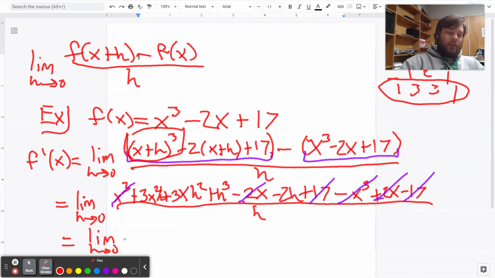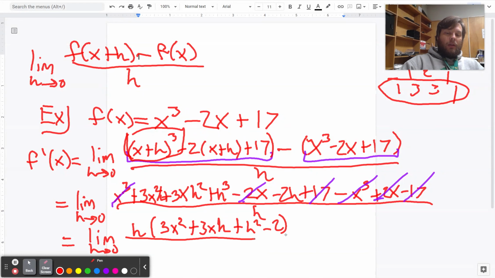If everything on the numerator has an h in common, you can write it as h times 3x squared plus 3xh plus h squared minus 2, and all that is also divided by h.